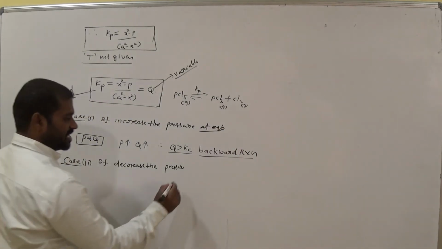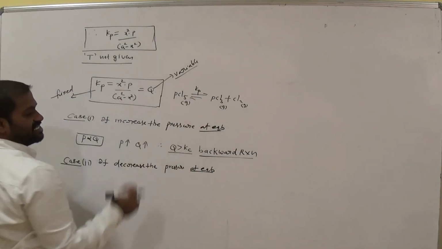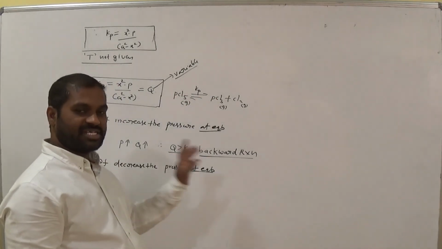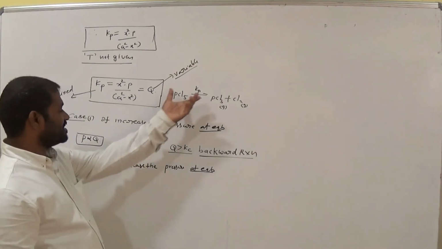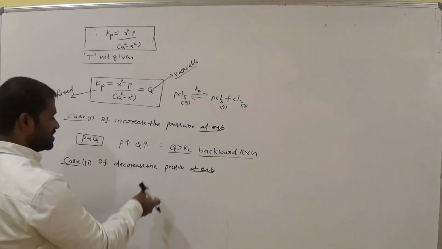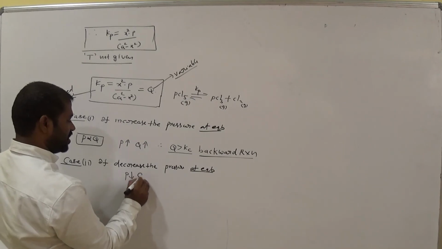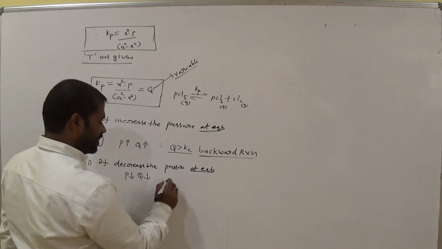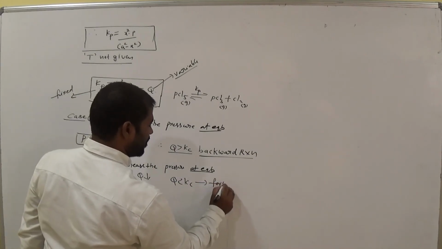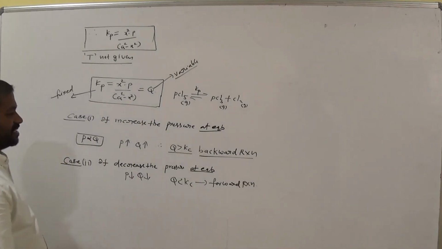So if you decrease the pressure at equilibrium, then the direction of the equilibrium changes. If pressure is high at equilibrium, it is the backward reaction. If pressure decreases, then Q decreases. That means Q is less than Kc. That means which reaction is it? Forward reaction. Is it clear?